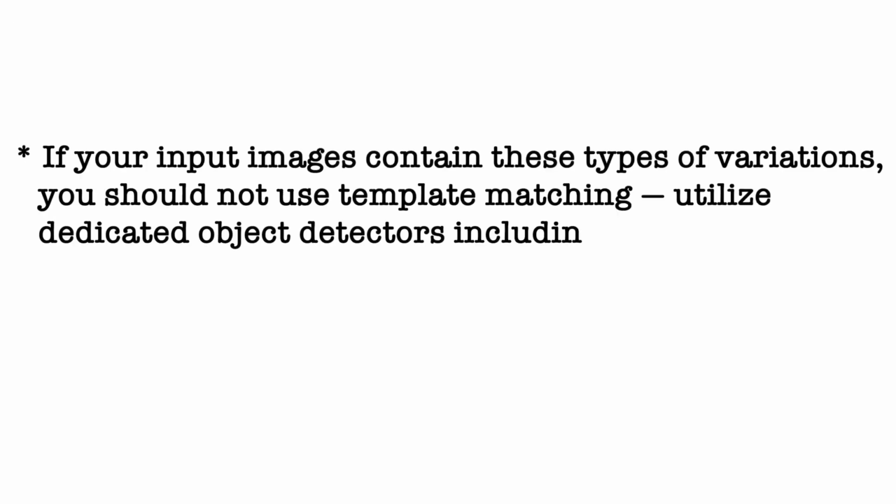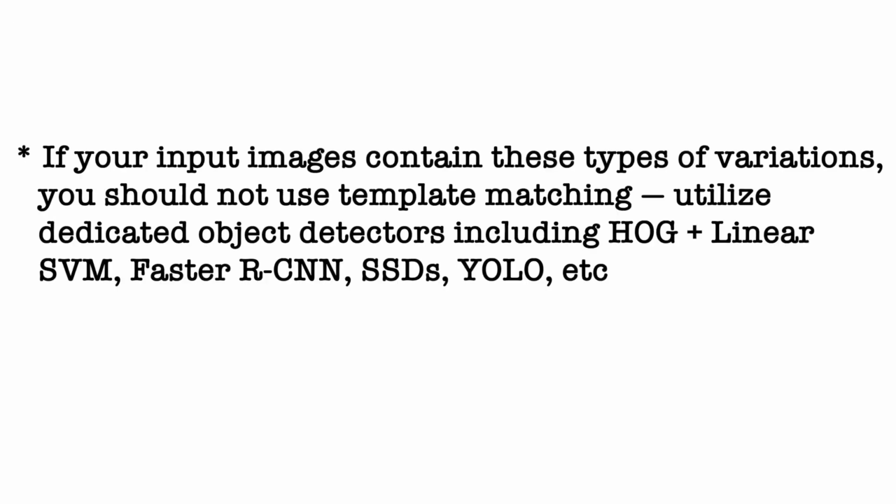If your input image contains these types of variations, you should not use template matching. Utilize object detectors including HOG plus linear SVM, that is support vector machine, Faster R-CNN, SSDs and YOLO, etc.